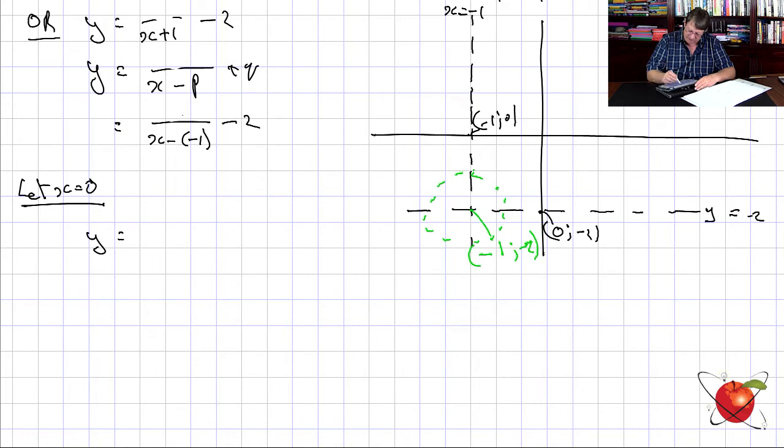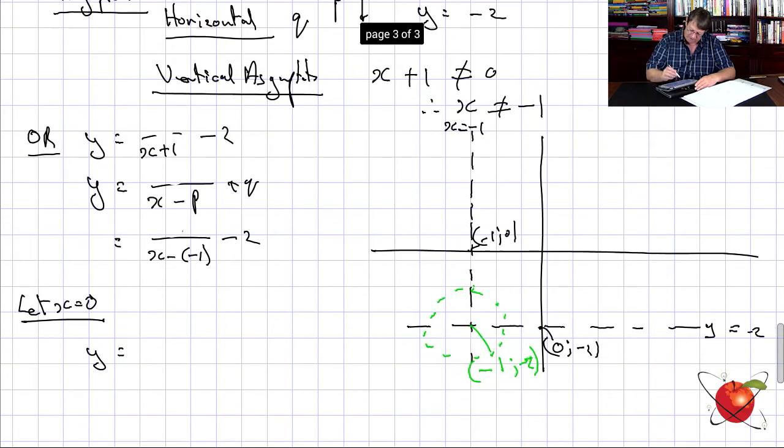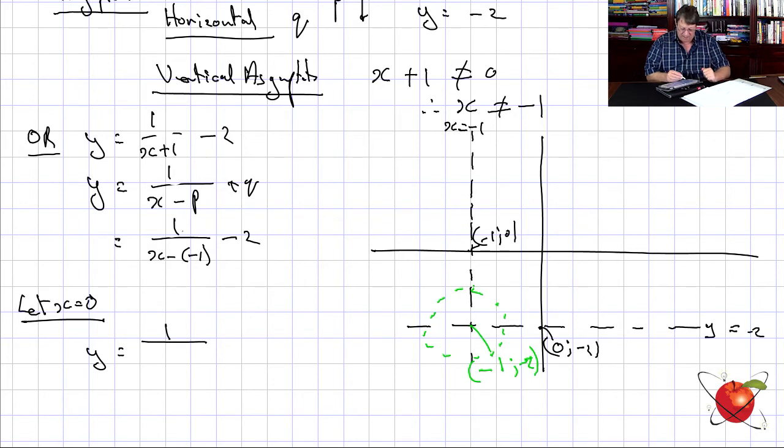Let me put this back in, and it was in this case 1. Y is equal to 1 over x plus 1 minus 2, with x as 0, so it's going to be 1 minus 2, which is minus 1. Then you write the coordinate down, 0 and minus 1, so we can plot it. And there it is, 0 and minus 1.